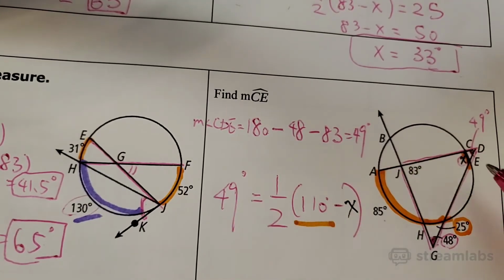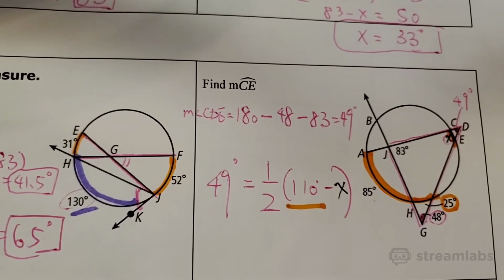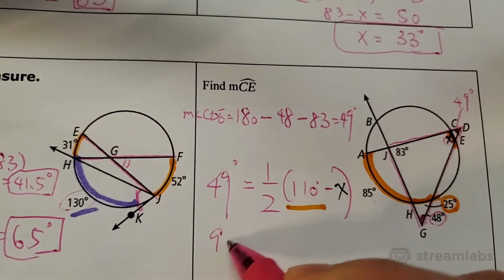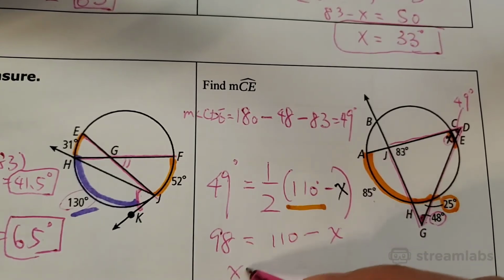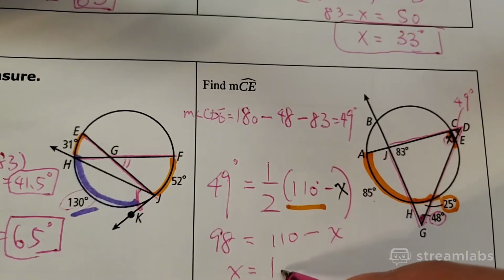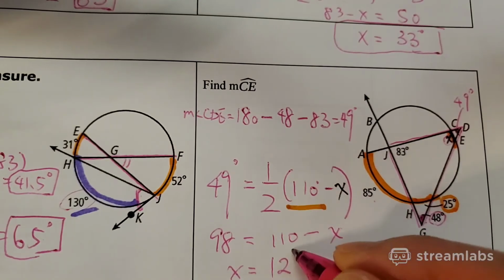And then you will solve for x. So, multiply it through. So, 98 equals 110 minus x. So, x turns out to be 12 degrees.